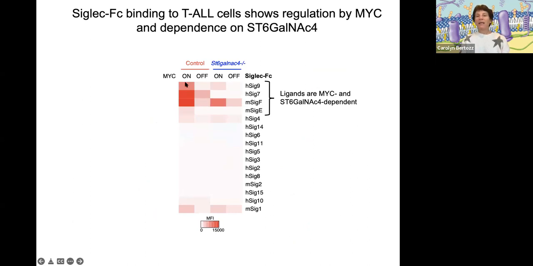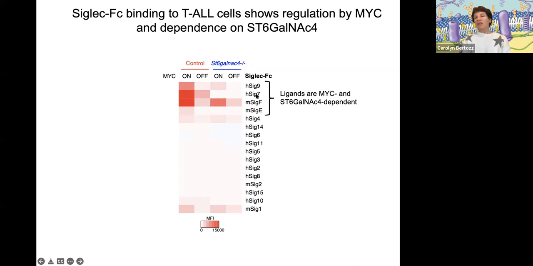So for example, when MYC is on, these cells bind avidly to human CIGL X9 and human CIGL X7, as well as mouse CIGL F and mouse CIGL E. But when MYC is off, that binding is reduced to all of those CIGL X. And when we knocked out that sialyltransferase that is regulated by MYC, ST6-GalNAc4, we entirely lost all binding activity to human CIGL X7, and there was a reduction of binding to human CIGL X9.